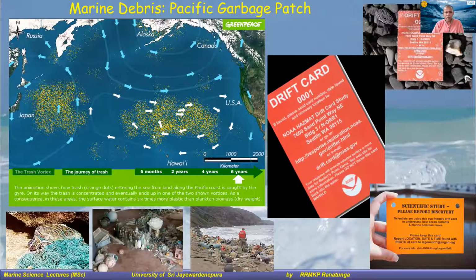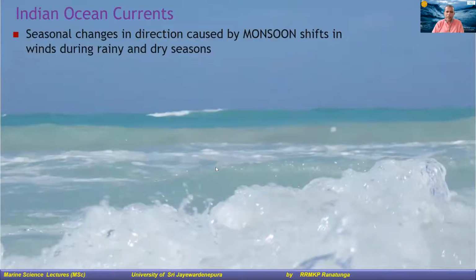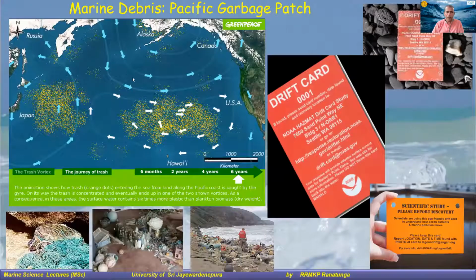Okay. But other than that, the movement of debris, especially in the Pacific Ocean, I don't know whether you have heard about something called the Great Pacific Ocean Garbage Patch. Right? There's a huge patch of plastic debris in the Pacific. They are several kilometers long and very deep. A big layer of plastic that has been dumped into the ocean.